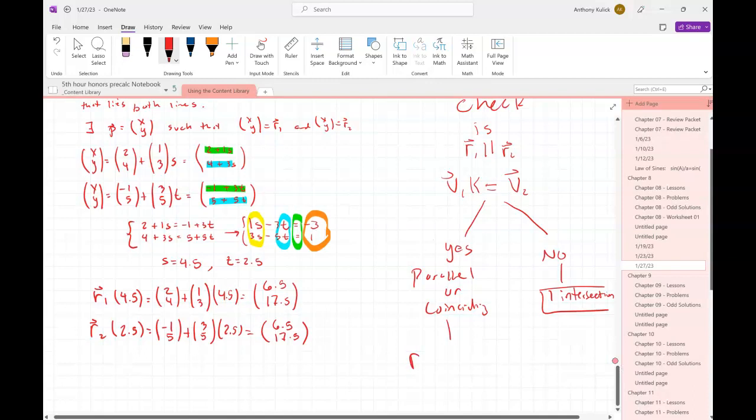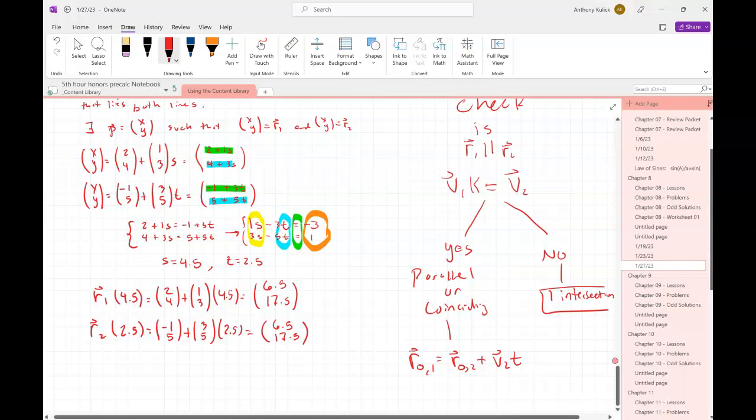I take R naught from equation 1 and I plug it into the equation for line 2, and if that point R1 lies on R2, then they have to be coinciding, because if you have the same slope and one point from one line is on the other line, they have to be identical lines.